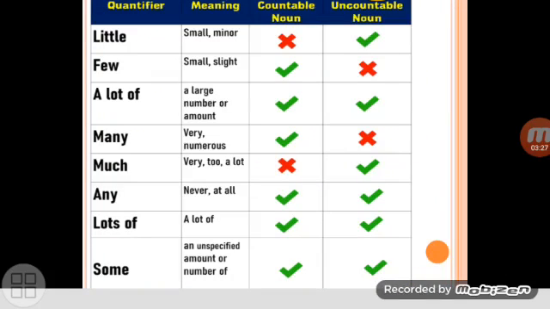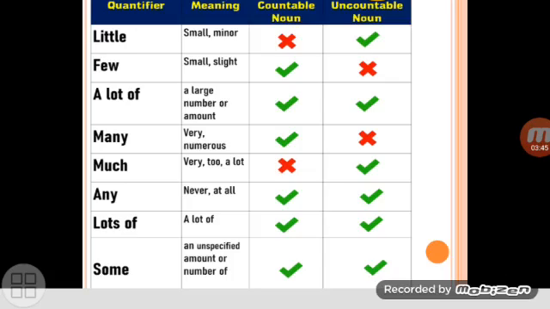Let's review the quantifiers. Little means small, and we can use it only with uncountable nouns. Few, again, means small, but we can use it with countable nouns.